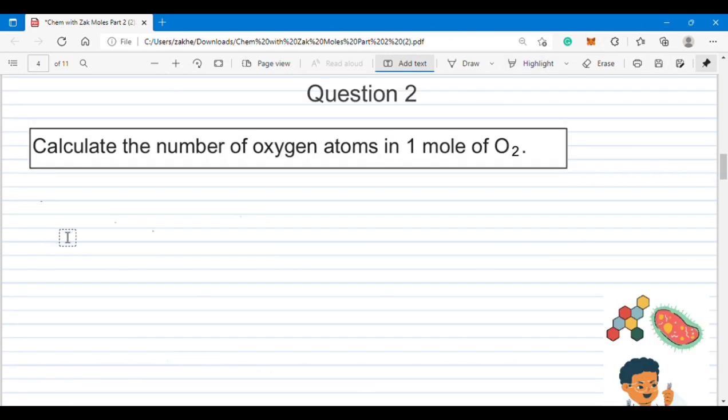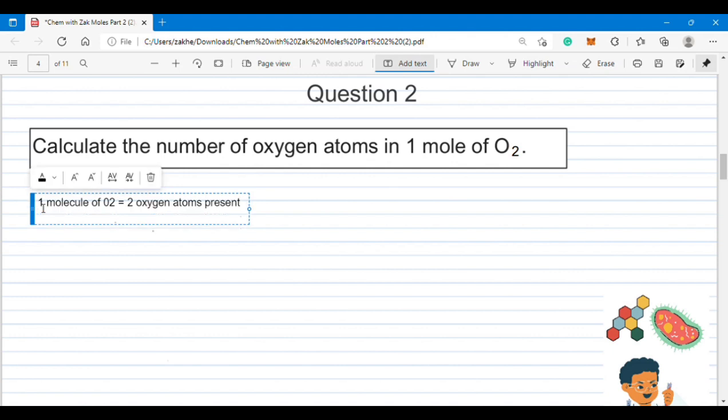So for question 2, it had asked us to calculate the number of oxygen atoms in 1 mole of oxygen. So 1 molecule of O2 is equal to 2 oxygen atoms present.